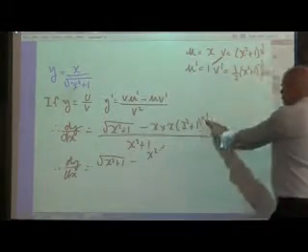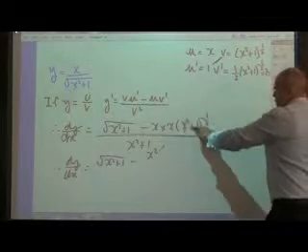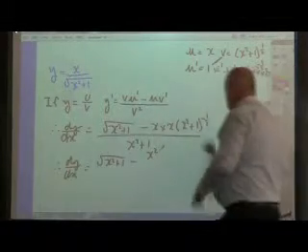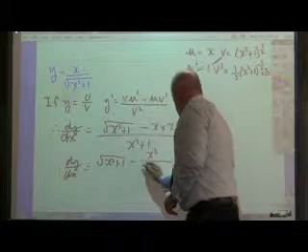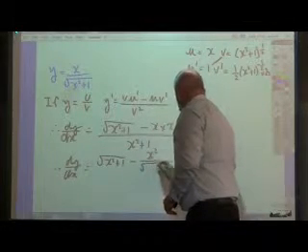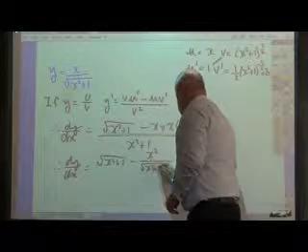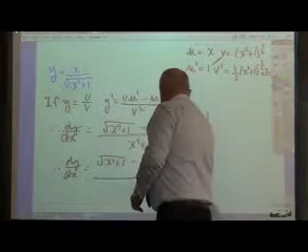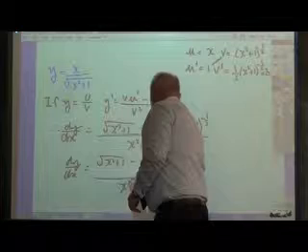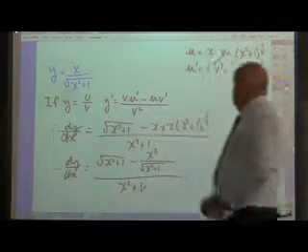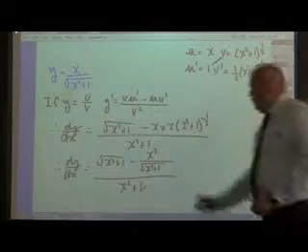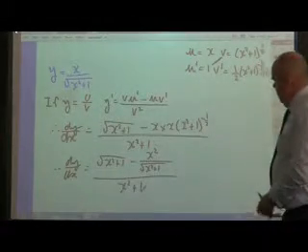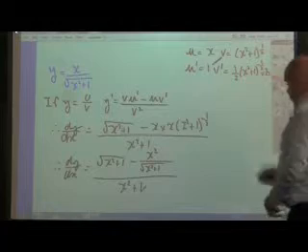And notice the negative sign here means I've got to take it downstairs to the denominator and write it in positive form. And it's going to be the square root of x squared plus 1, all over x squared plus 1. Alright, now there are things I could do with that, but I won't. I'll just leave it like that, lest I make an unfortunate error.